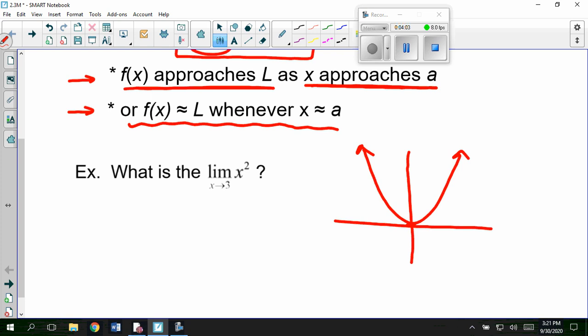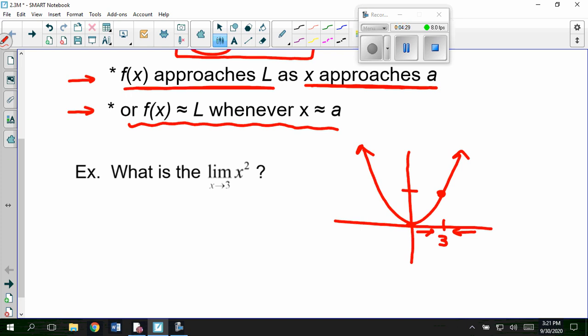When we have this concept of the limit, as x approaches 3, let's just say that here is 3. The idea behind that is as we approach 3 from here or here, we're slowly getting close to this particular y value. We want to know, as x approaches 3, what is the y value that it's approaching? That's really the limit question.